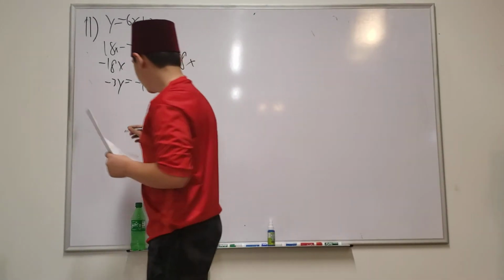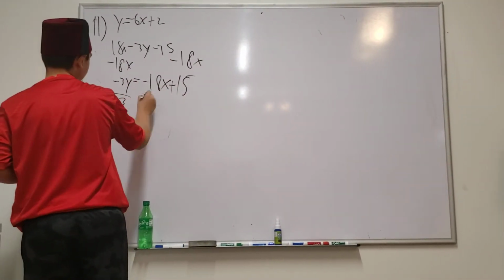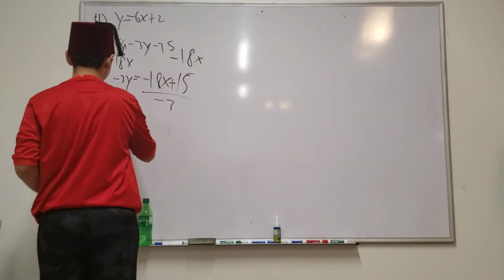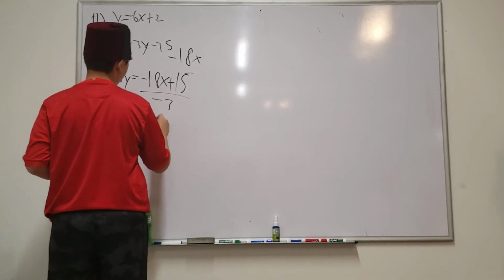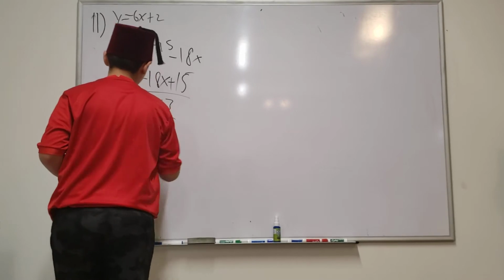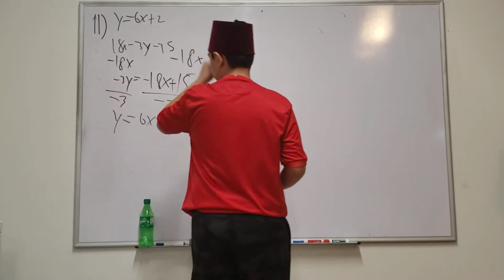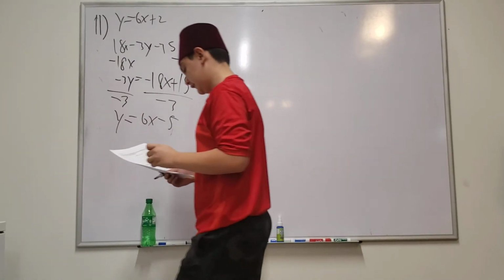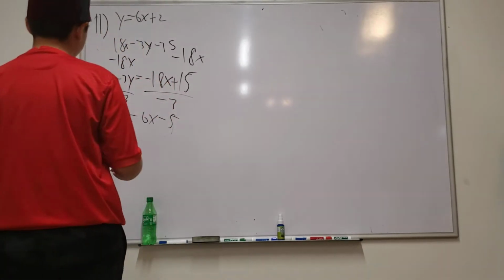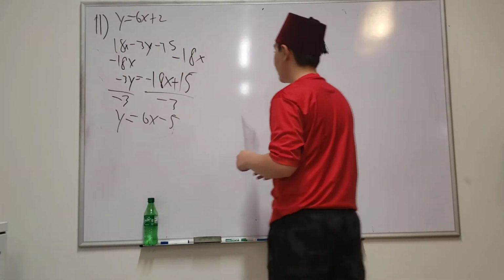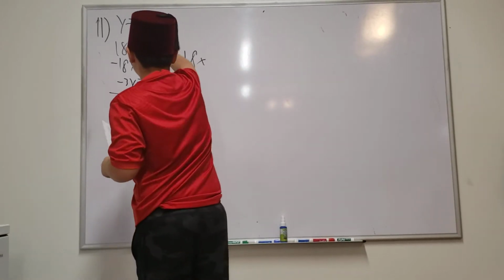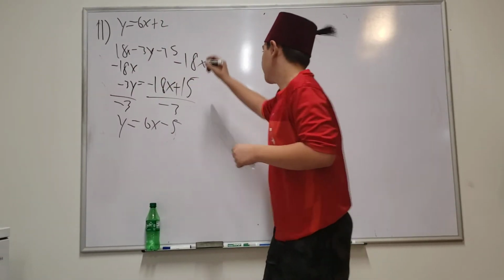So we're going to divide both sides by negative 3. This will give us y equals 6x minus 5. And if we look over here, it is parallel, since they have the same slope but a different y-intercept. So this will be parallel.